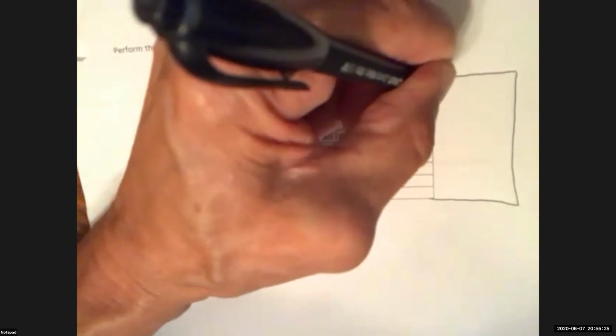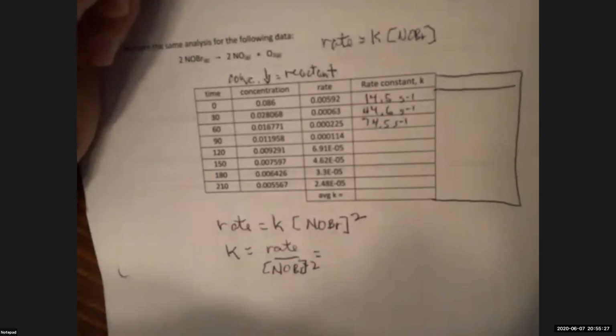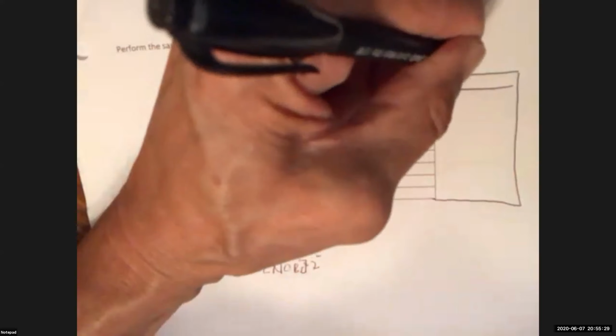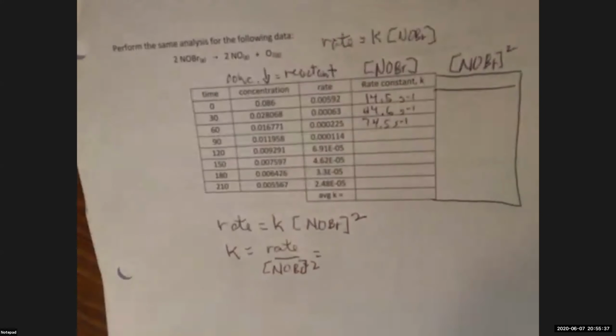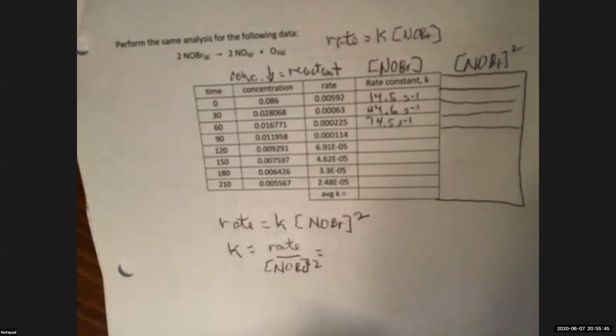So this is a new rate constant for NOBr squared, and this was just NOBr. So we're going to calculate a new rate constant for a second order reaction instead of a first order reaction.